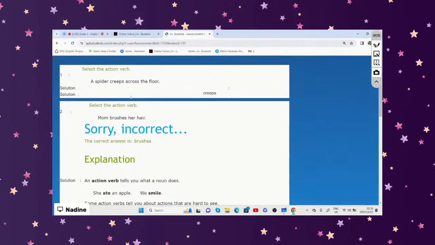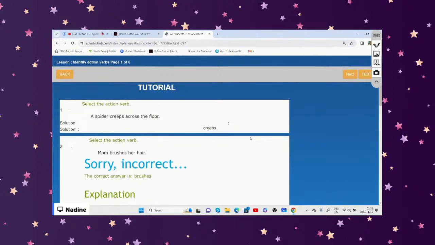The spider creeps across the floor. What is the action verb that we can identify within the sentence? The spider creeps across the floor. What is the word that we can identify as an action verb within that sentence?